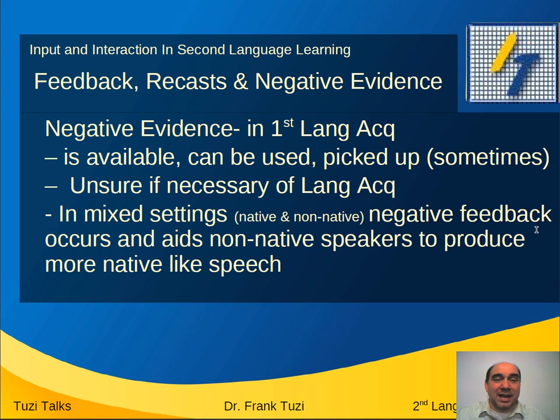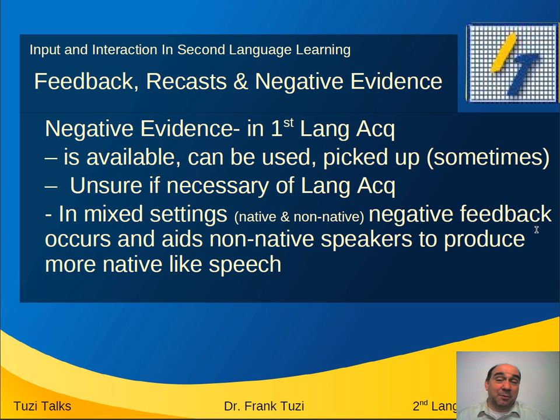So we have this idea again, and we have people who should be going out and doing more research related to this area. In addition to these two theories, these two hypotheses, this interaction hypothesis and the output hypothesis, pushed output production as well, we have this whole area of feedback and recasts and negative evidence.